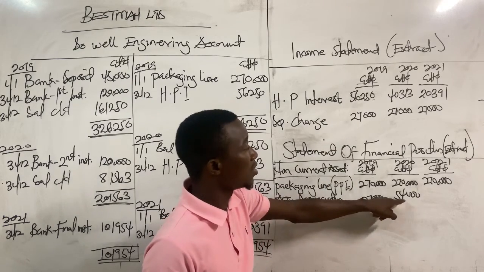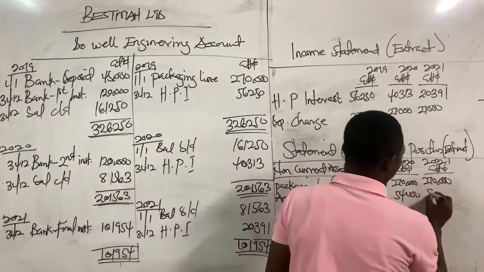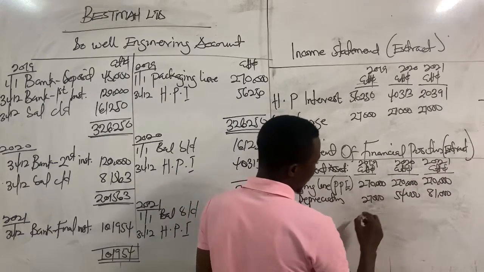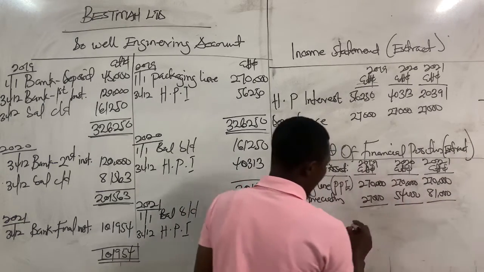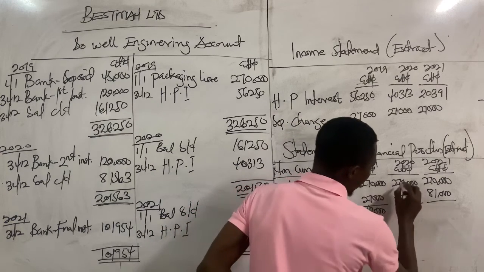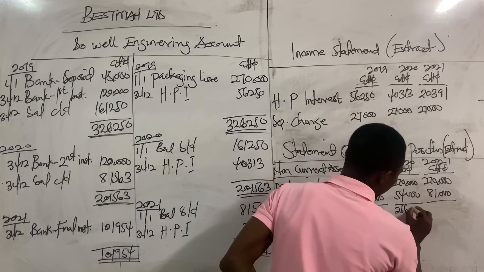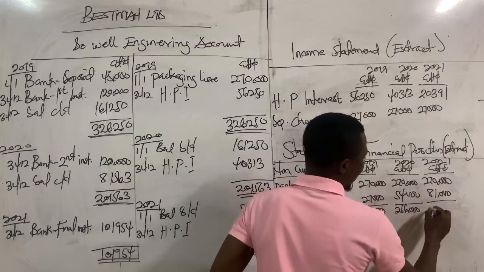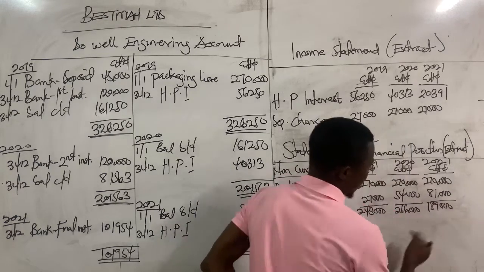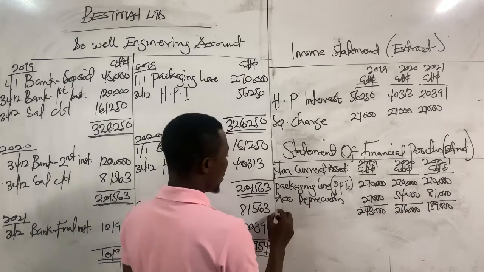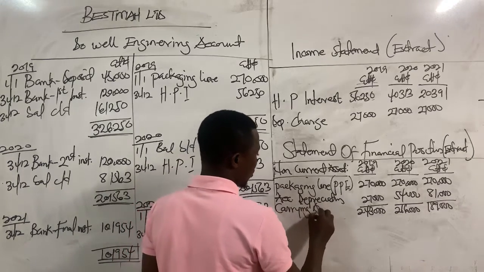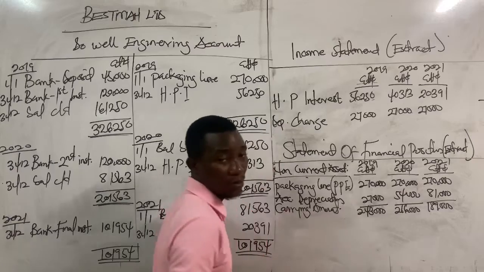Then we add 2021, that would be 81,000 as the accumulated depreciation. Is that clear? So we subtract to get 243,000, 216,000, and this will give us 189,000. Is that okay? And this will be the carrying amount, or the net book value.